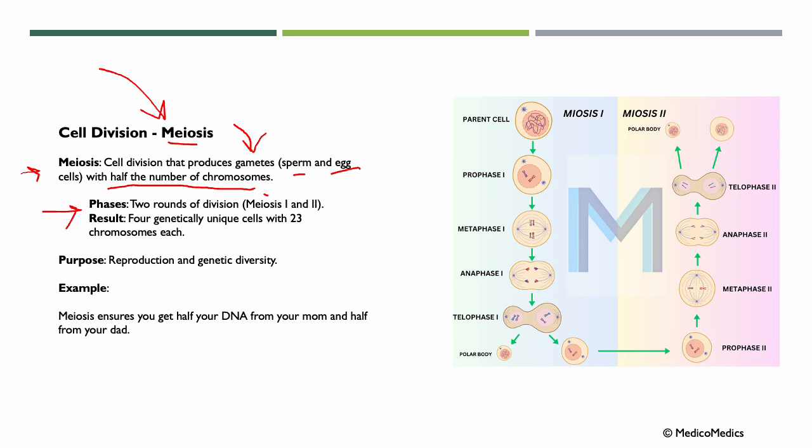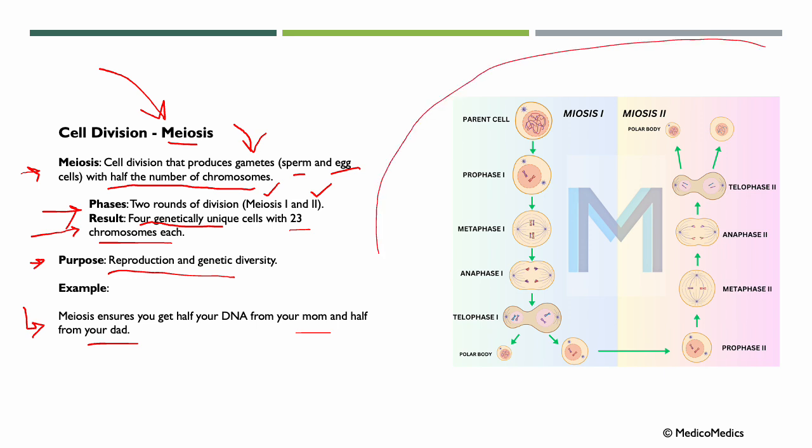So we have meiosis 1 and meiosis 2. And the result of meiosis is 4 genetically unique cells with 23 chromosomes each. The purpose of this is reproduction and genetic diversity. So for example, meiosis ensures you get half your DNA from your mom and half from your dad.